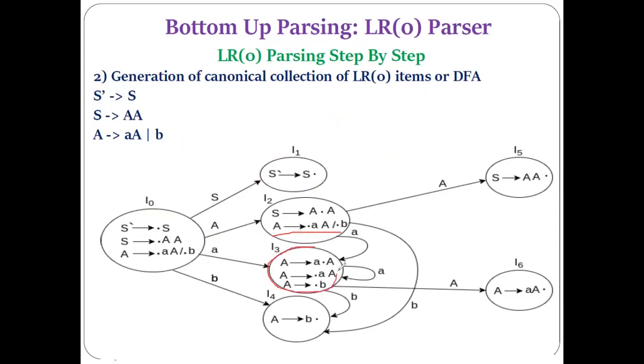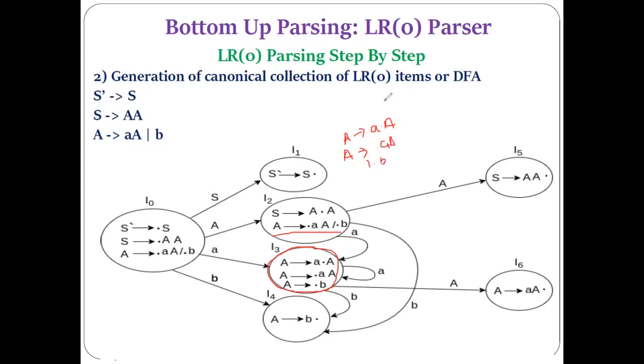If you see it carefully, applying the goto here, you will get A derives A dot A. So the dot is present to the left of a non-terminal. You have to apply the closure. You have to add the productions related with that non-terminal A, and you will get a state like this.